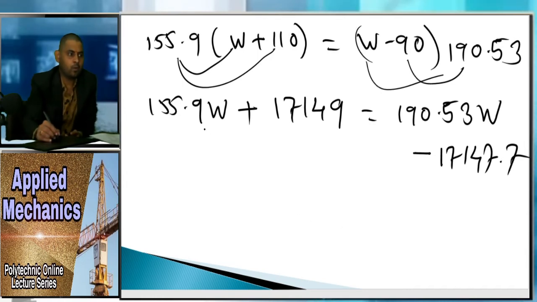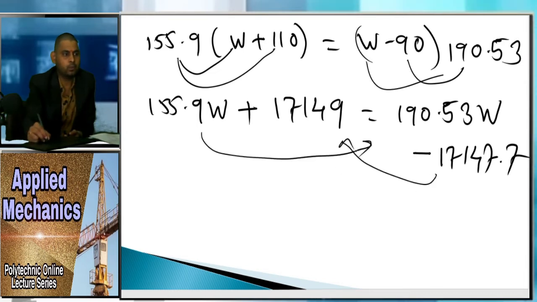Now this value shifts to the right side and this value shifts to the left side. A positive sign goes to the right side and converts to a negative sign, and a negative sign moved to the left side converts to a positive.